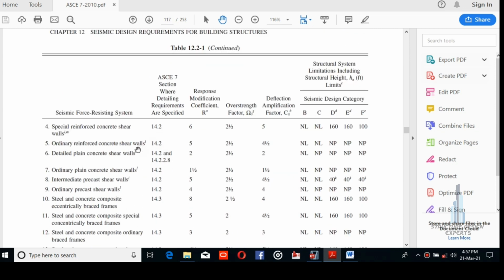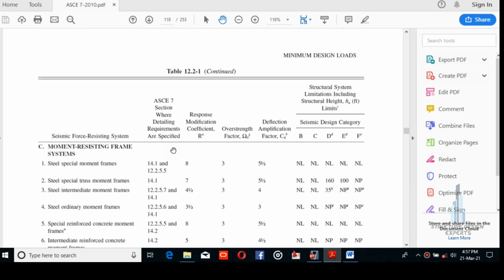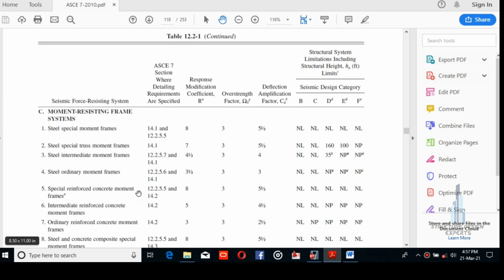We will also check the ordinary composite beam, concrete beam. So we will check here in this table, special reinforced concrete frames, this one. So we will select this one. This is our special reinforced concrete moment frame.